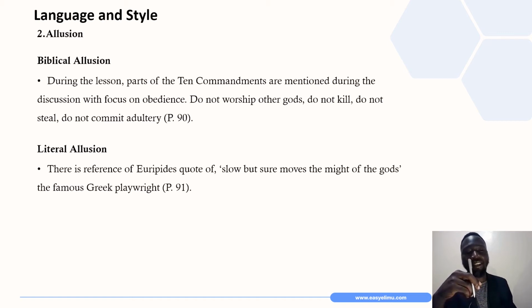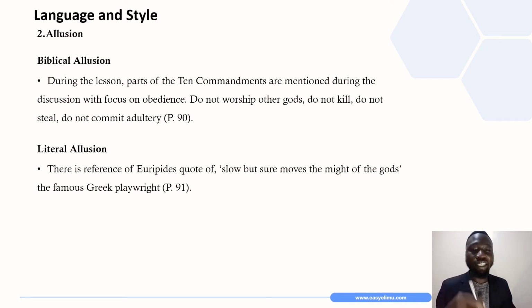Some of the things they discuss are: do not worship other gods, do not kill, do not steal, and so on. So there are biblical references or stories that the teacher uses to help the students understand and relate some of the things that happen within the municipality of Maracas.